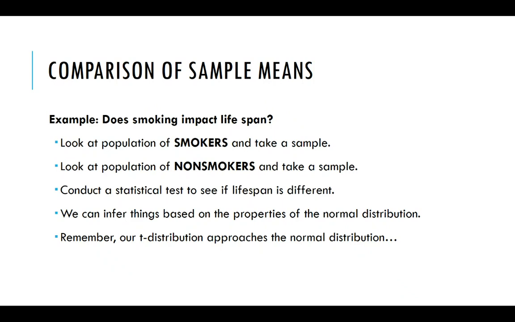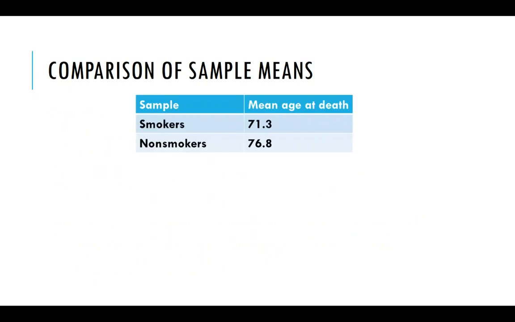But we know it approaches the normal distribution when our samples are large enough, and we talked about greater than 30. And remember, why do we care about that? Because the normal distribution has these properties that we know and we understand and we can rely on. So we can use the t-distribution, which converges to the normal distribution, in our hypothesis tests.